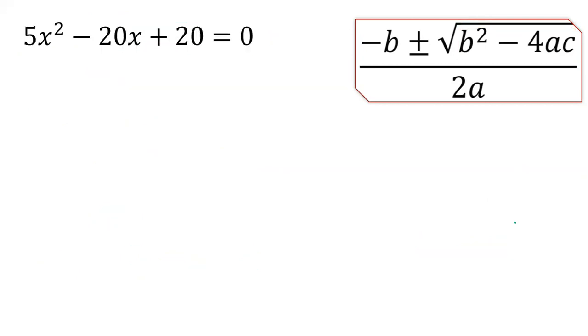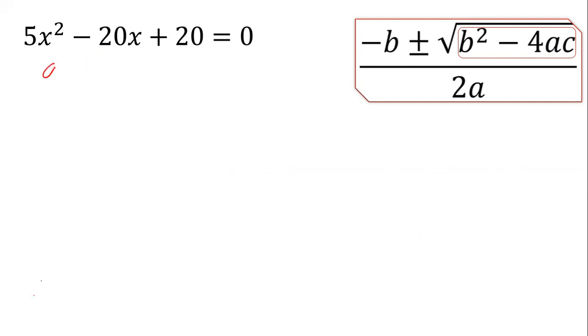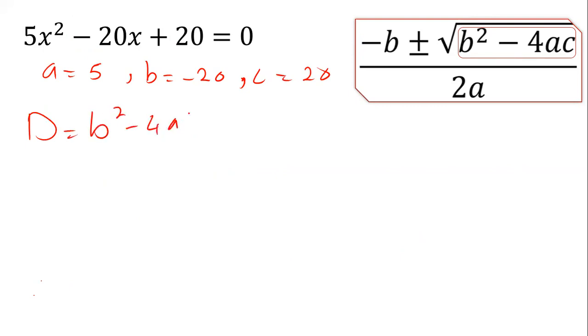Let's come to our last example. Again, I'm focusing only on the discriminant, the value that's in the radicand. Let's identify a is equal to 5, and then b is equal to -20, and then c is equal to 20. The discriminant will equal b squared minus 4ac.